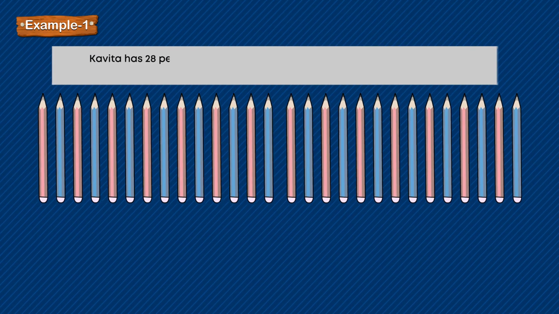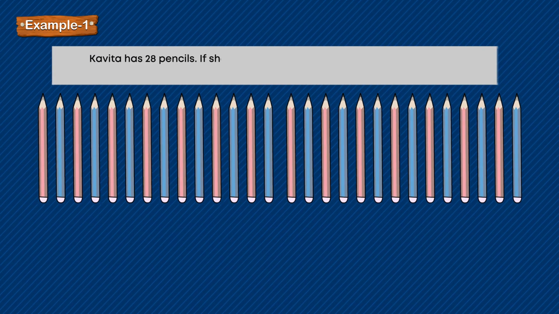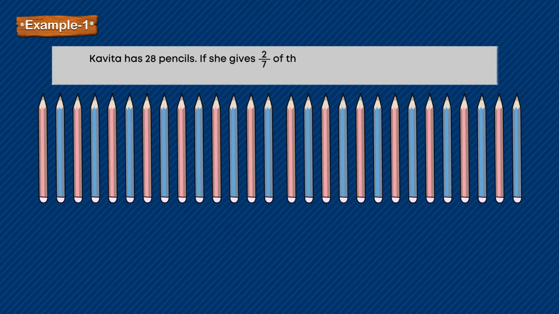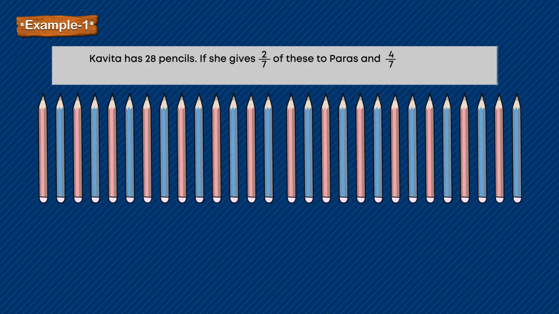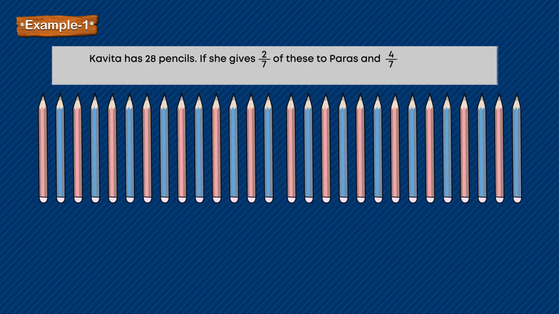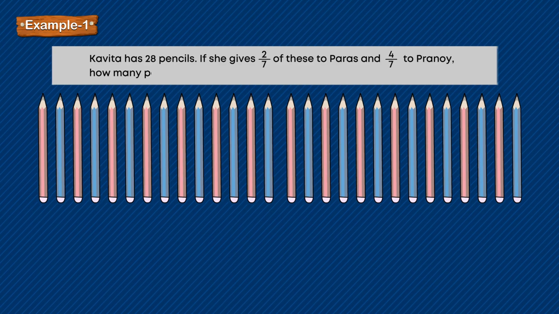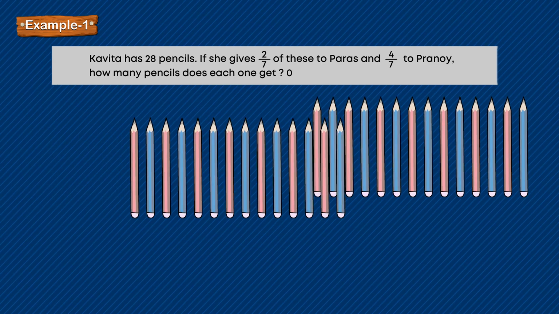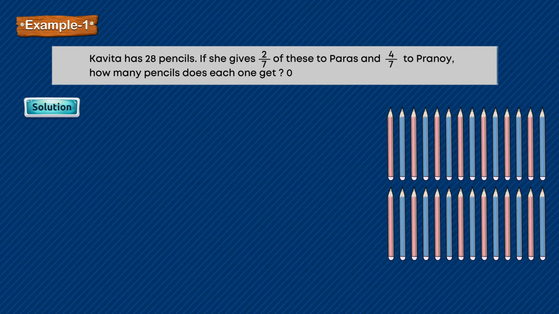Kavita has 28 pencils. If she gives 2/7 of these to Paras and 4/7 to Pranay, how many pencils does each one get? Solution.